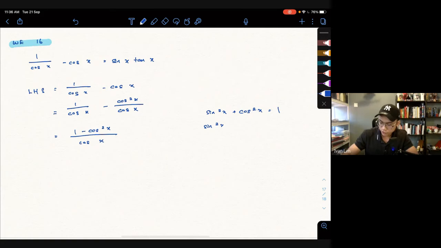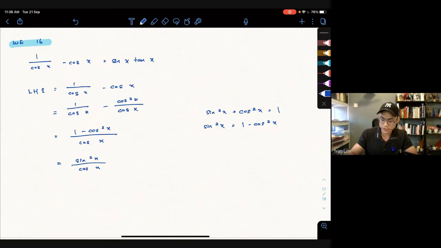So if we just shift around, we put the cos square x to the right-hand side. Now can you see? 1 minus cos square x is actually sine square x. So I can write it as sine square x over cos x. Okay, so we are almost there already.